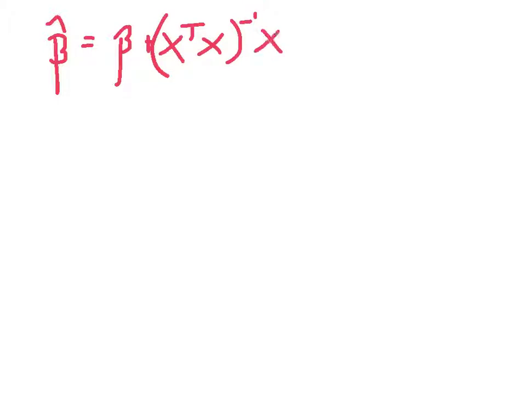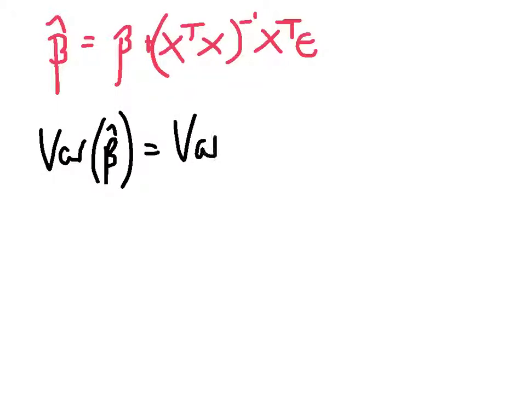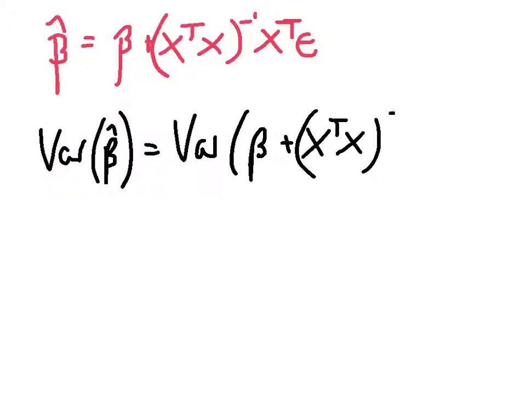We've said here that beta hat is equal to beta plus (X^T X)^-1 X^T epsilon. So that's our expression for beta hat. If we want to find an expression for the variance of beta hat, it's going to be the variance of beta plus (X^T X)^-1 X^T epsilon.